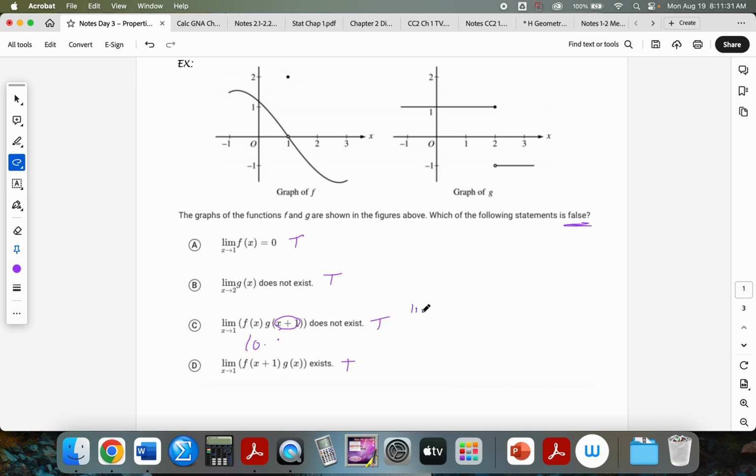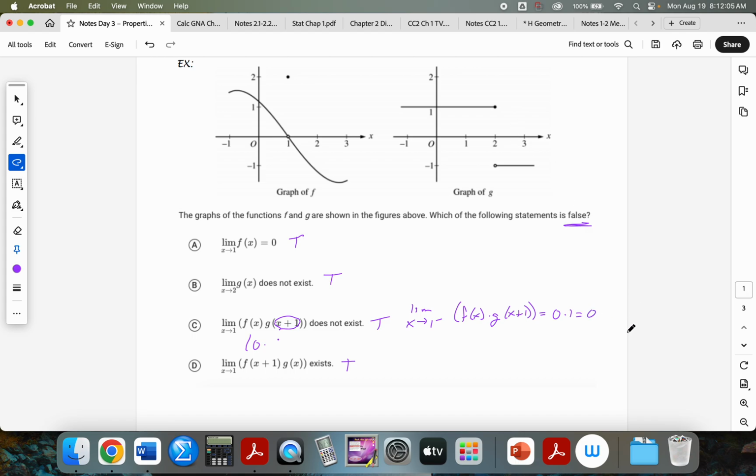So what is the limit as x approaches 1 from the left of f of x times g of x plus 1? As x approaches 1 from the left, f of x approaches 0 times g of x, we're going to be approaching an interior of 2, right? That's 1.